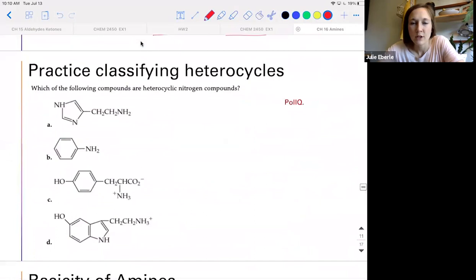I have a poll question. I just want you to tell me which ones are true heterocycles and which ones are not. Okay, you can select multiple here. A, B, C, and D. Just select the ones that are true heterocycles.